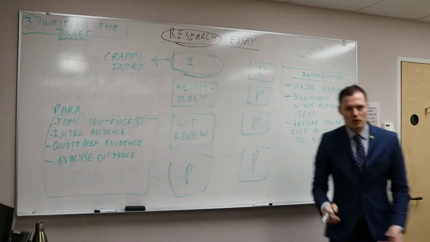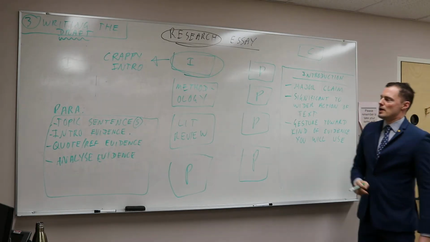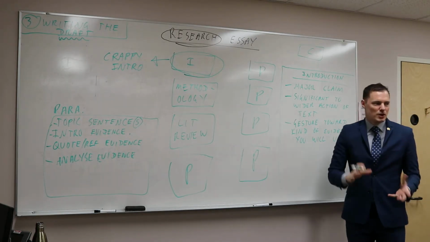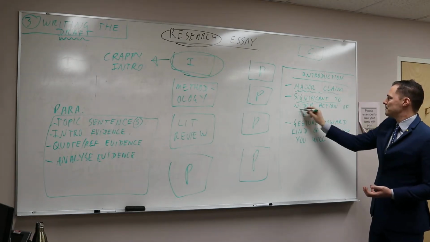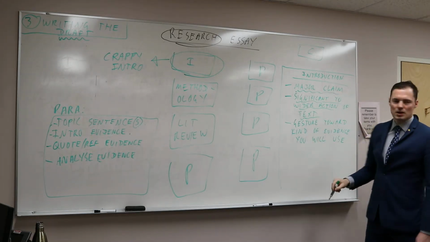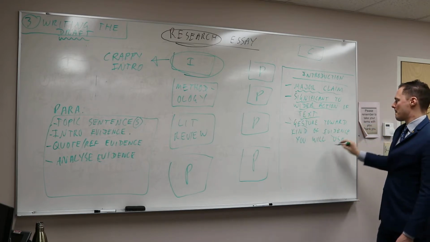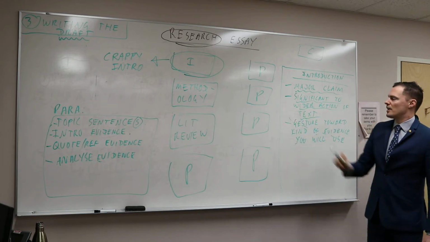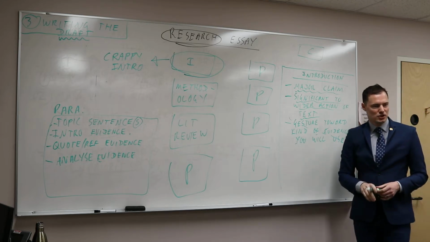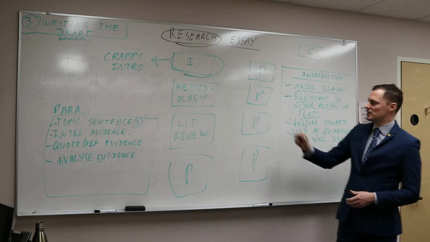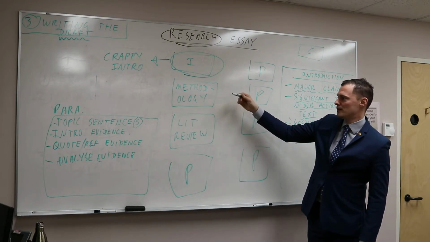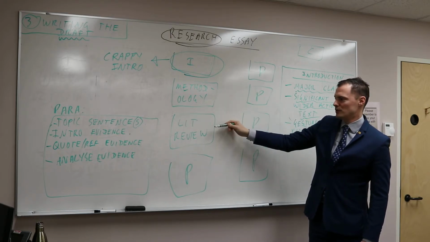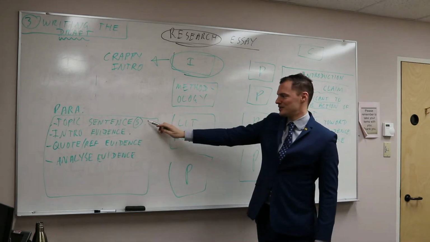So with your crappy intro, you need to have some kind of idea of what your major claim is going to be and why it matters. But you probably don't need this yet. And the reason you need an idea of what your major claim is going to be is every single paragraph, including the paragraph or paragraphs that make up your methodology and your literature review, is going to have a topic sentence at the start.